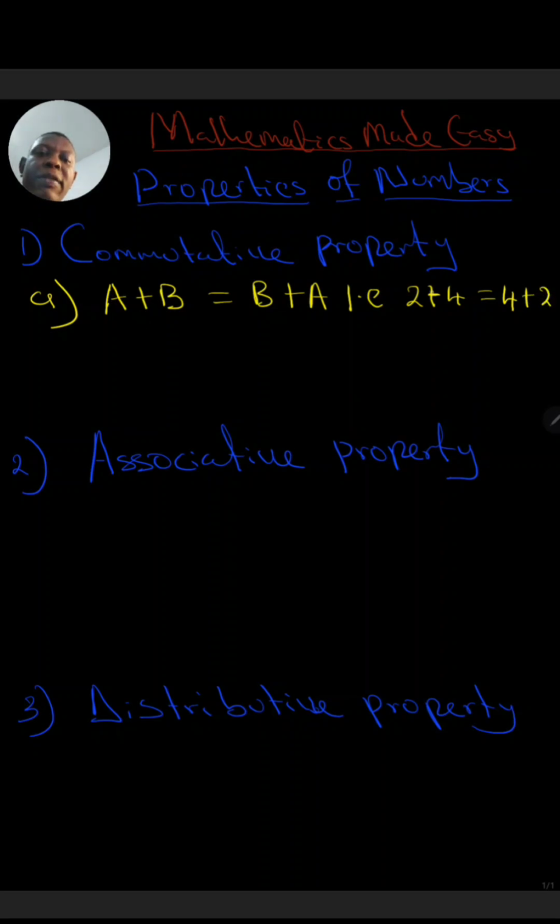When you interchange the numbers, so long as there's a plus sign, it still gives you the same answer, because 2 plus 4 is 6 and 4 plus 2 is 6.